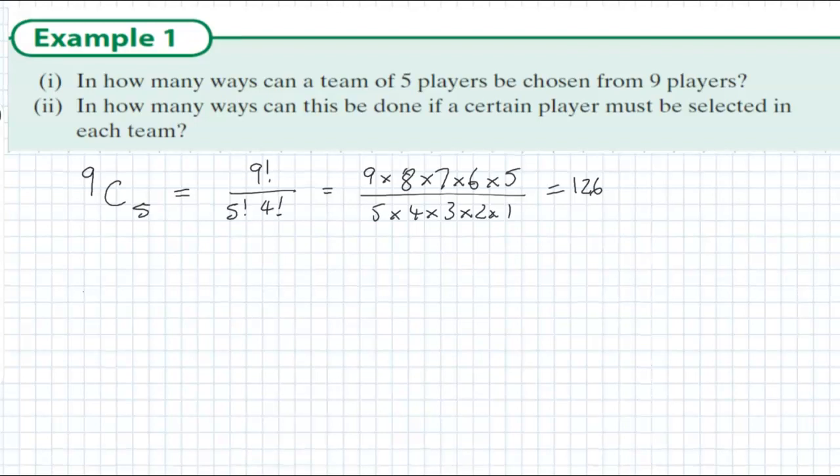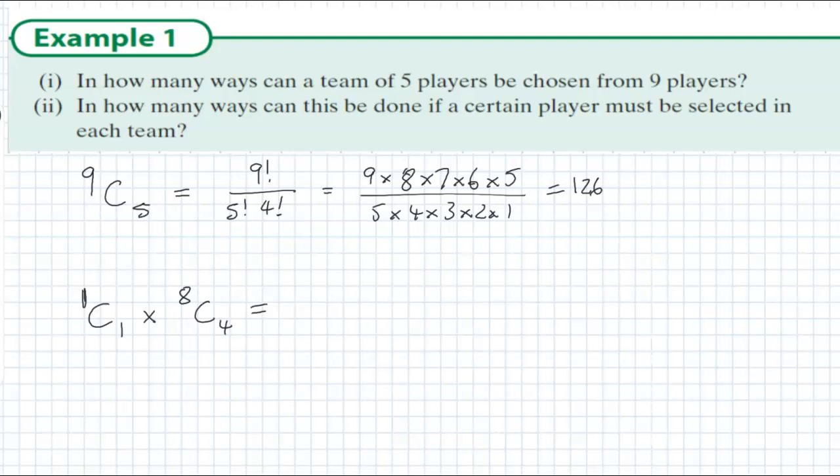That individual person that we consider to be vital may be the goalie, or an extremely good football player, or whatever team game it is. So from the one person, we are going to choose that one person, and from the other 8, we are going to choose 4.